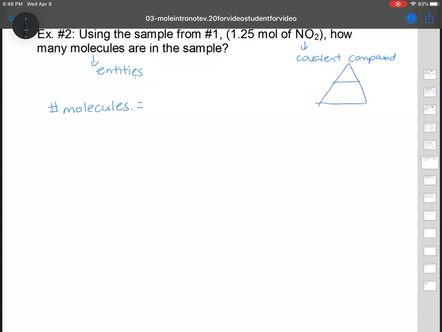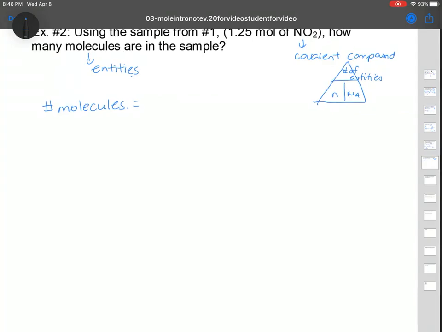Again, if you are a triangle person, we're looking for the top of the triangle here, number of entities, so we're going to multiply. Or you could, again, do dimensional analysis.